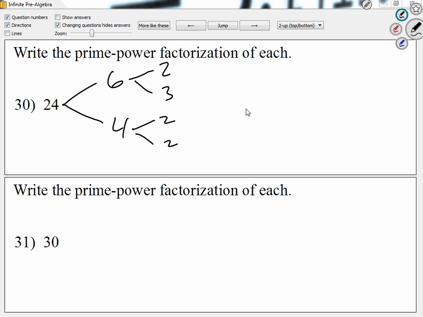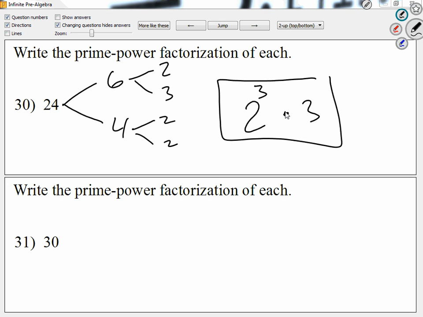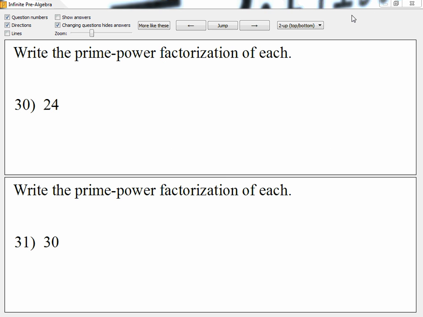So I'm going to say 2 to the 3rd, because I have three 2s. 2 to the 3rd times 3. Remember, we're using the powers only in questions 25 through 36, if there's any. Any question?